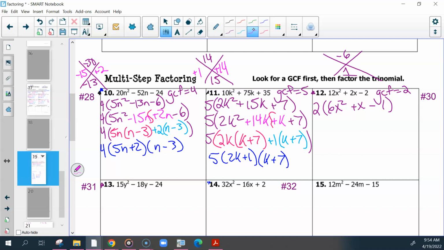What 2 numbers would multiply to be negative 6, but add to be 1? You guys just said the same thing, but opposite. Negative 2 and positive 3. Sorry. We have 6x squared minus 2x plus 3x minus 1.